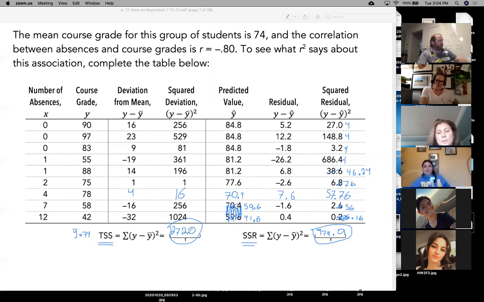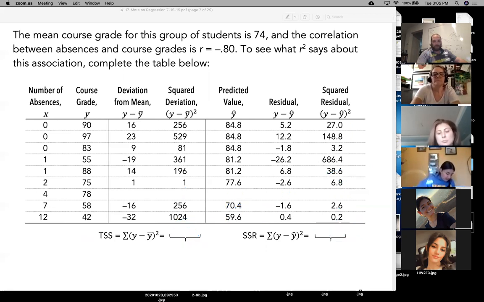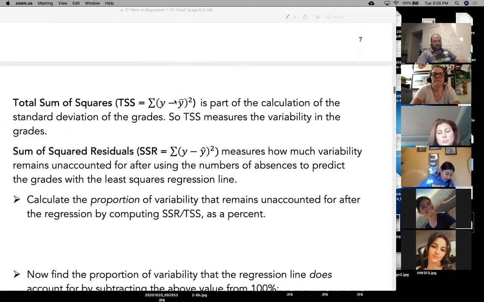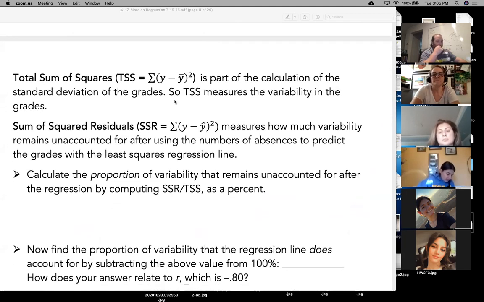Now, write those numbers down because as we go to the next slide, those numbers are going to be important.